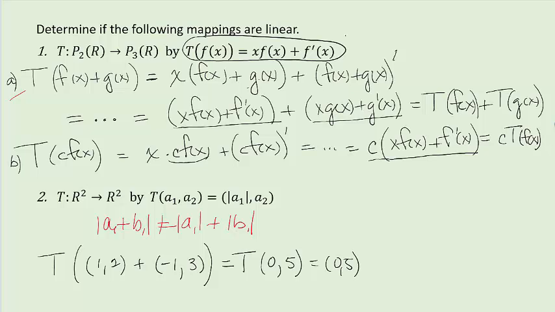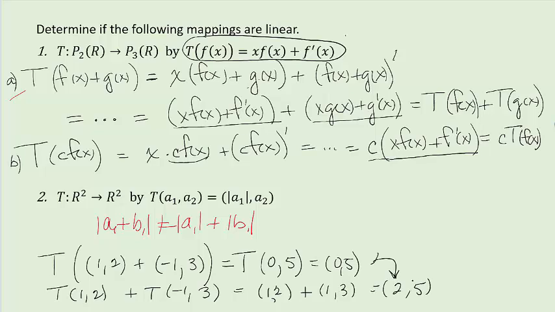But if we do T of (1, 2) plus T of (-1, 3), we get the point (1, 2) plus the absolute value of -1 is 1, so (1, 3), and our answer would be (2, 5). So we see that these are not equal. If you want to show that a mapping is not linear, the best way to do it is just to show one example rather than trying to prove it in general.